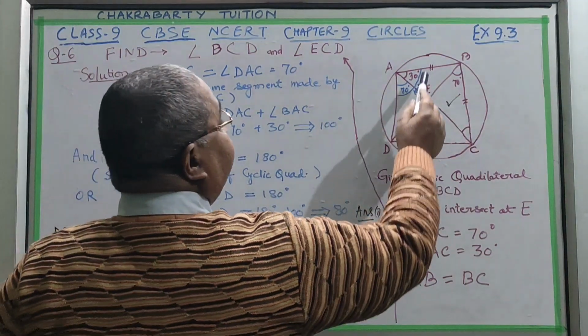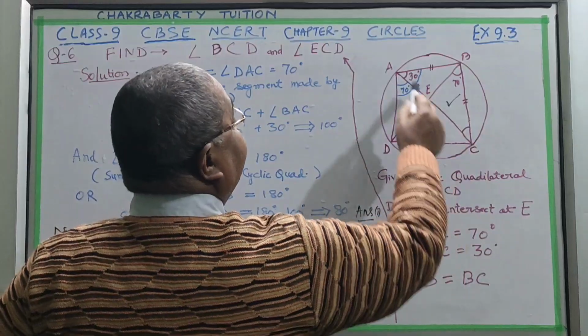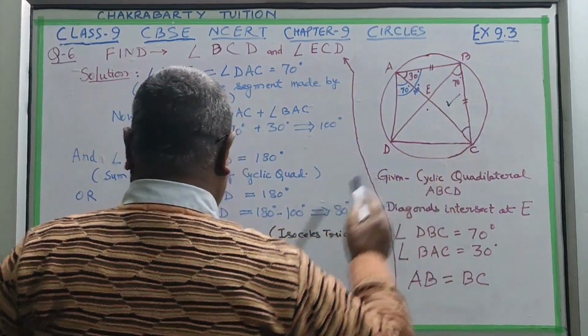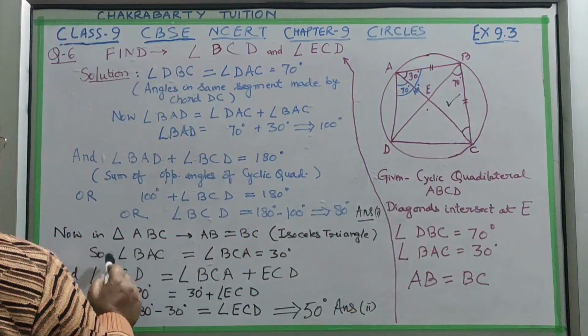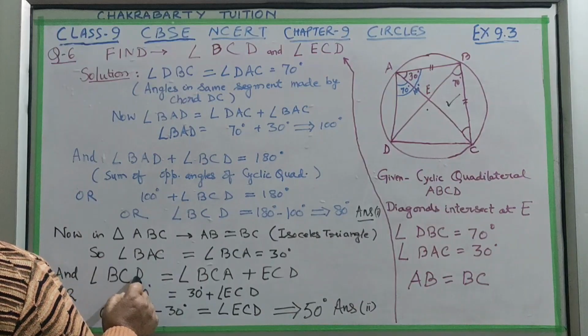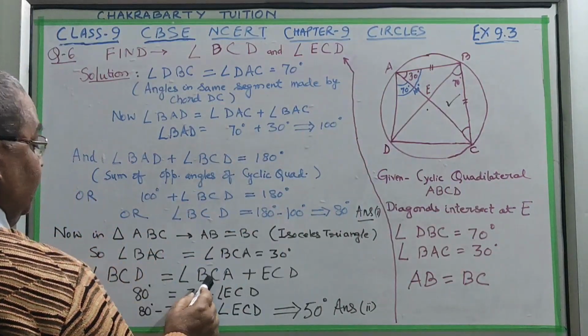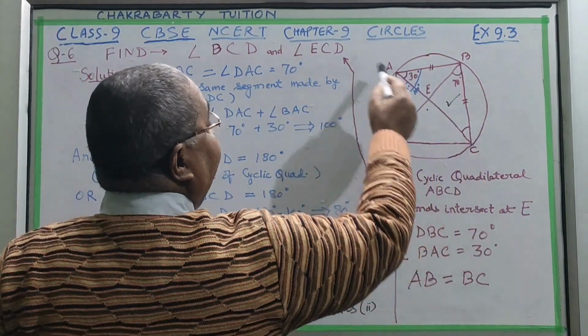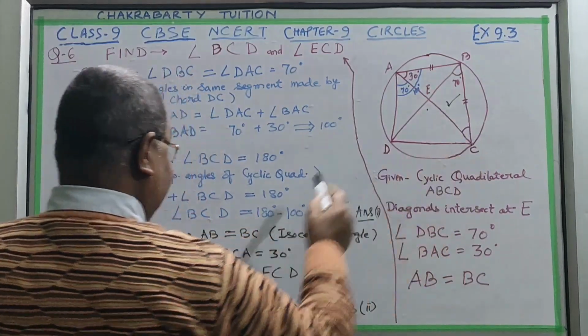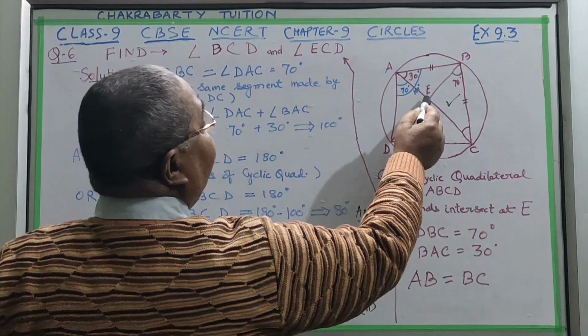Now the whole angle BCD is 80 degrees. Angle BCD will be equal to BCA plus ACD, or ECD.